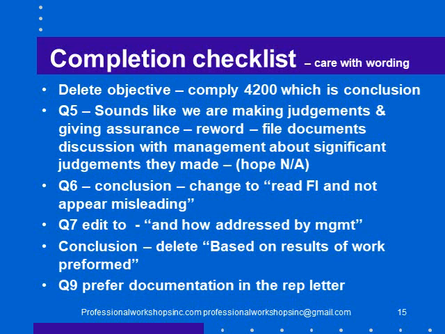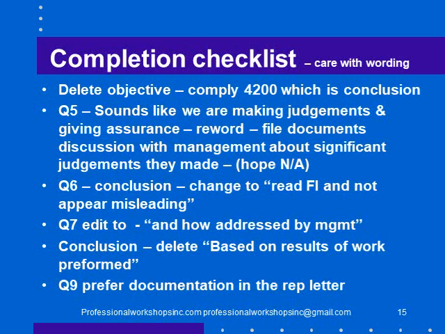That I've read the financial information, and it does not appear to be misleading. Question 7 about matters identified. Again, I would just add something there: matters identified and how they were addressed by management, and I would continue to hope that it's not applicable, that there weren't any matters.